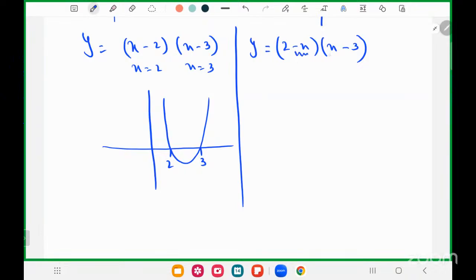There is a negative sign with one x and there is a positive sign with the other x. So if I expand this, it will turn out to be a maximum curve. X is equal to 2, x is equal to 3, but it will be a maximum curve.